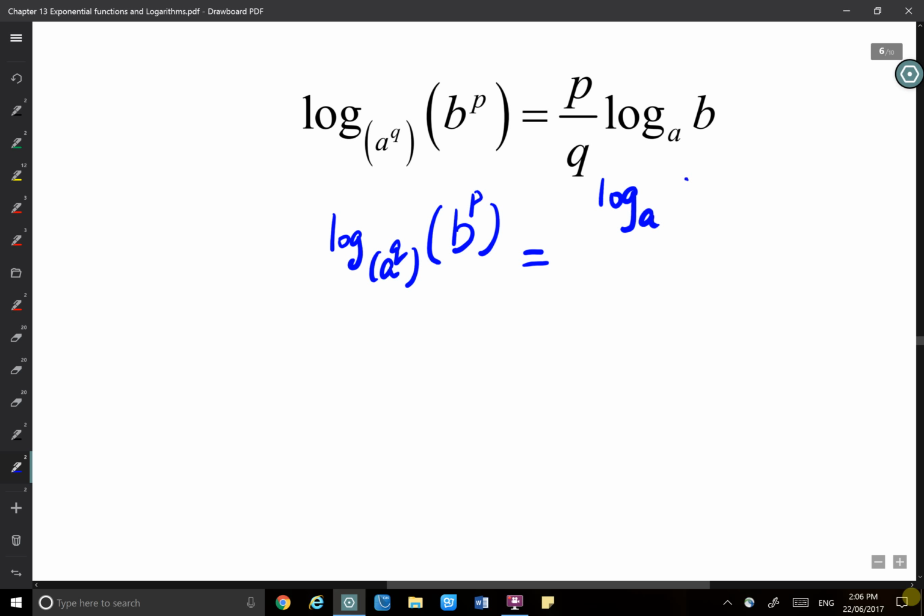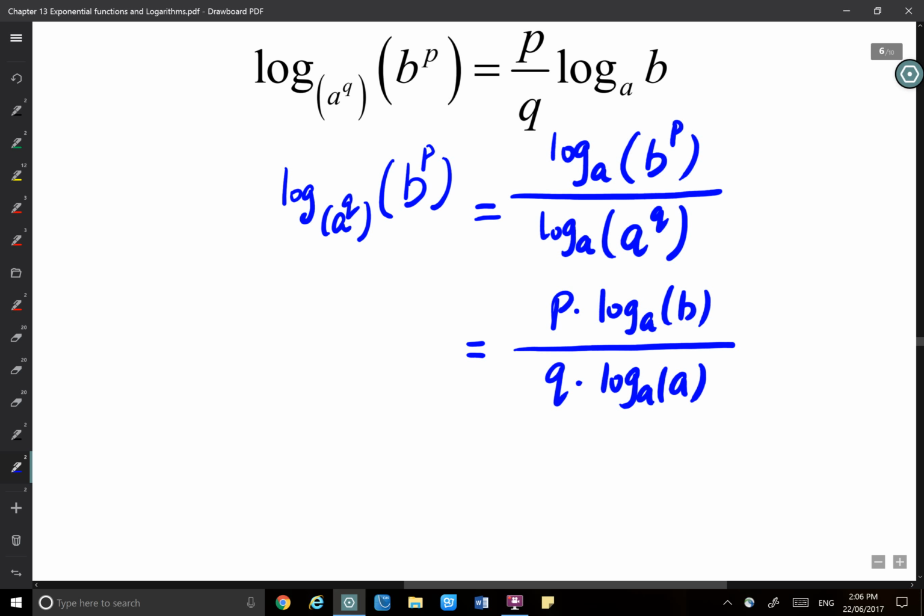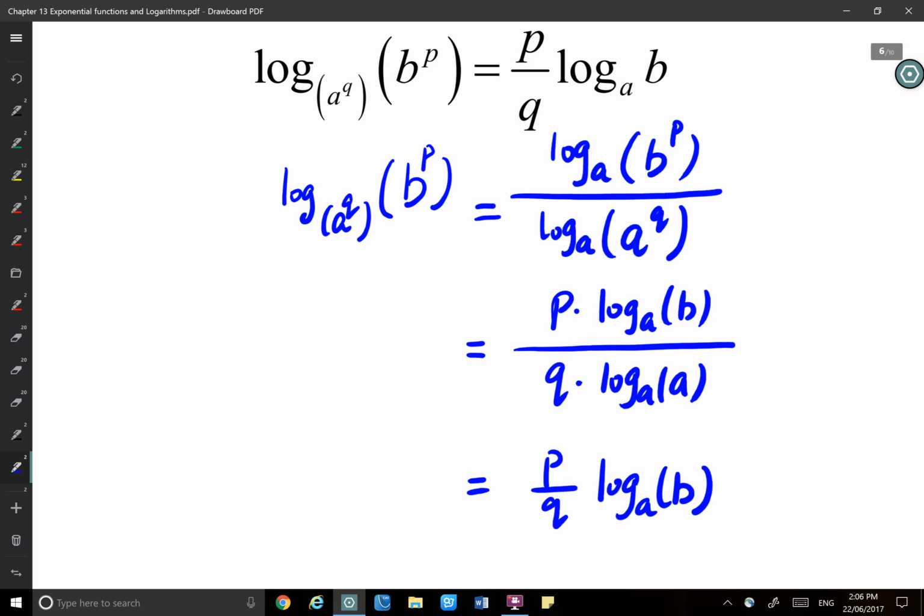So I have log base A of B to the power of Q. That equals P times log base A of B, and Q times log base A. And that is P over Q times log base A of B.